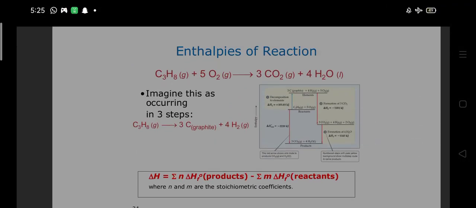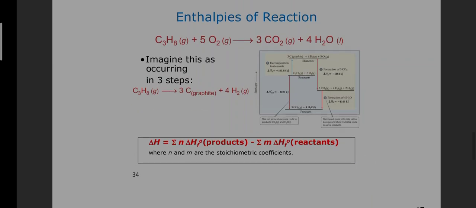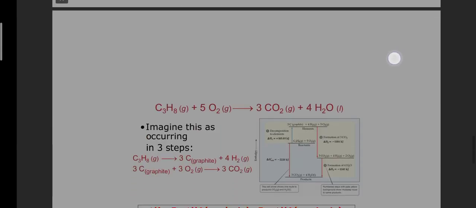Imagine there is a reaction given: C3H8 plus 5O2 gives 3 moles of CO2 plus 4 moles of water. Imagine this as occurring in 3 steps. First is C3H8 gives 3 moles of carbon plus 4 moles of hydrogen.